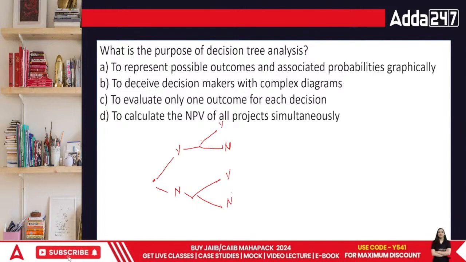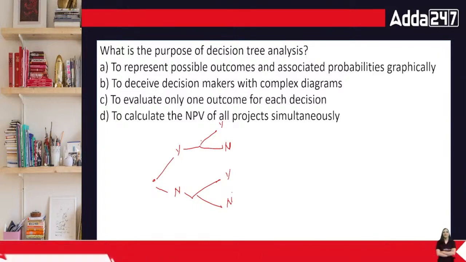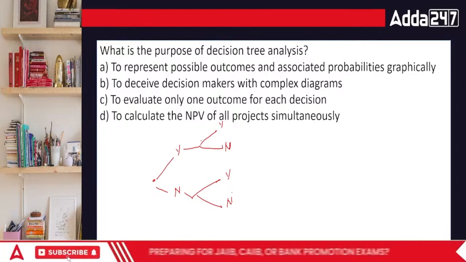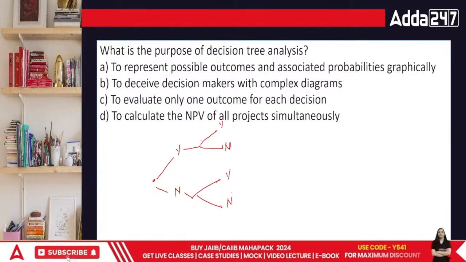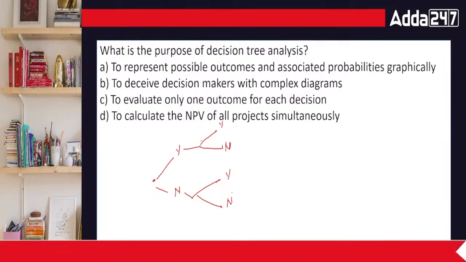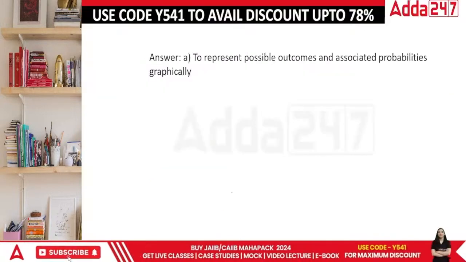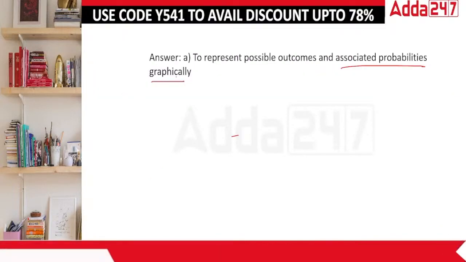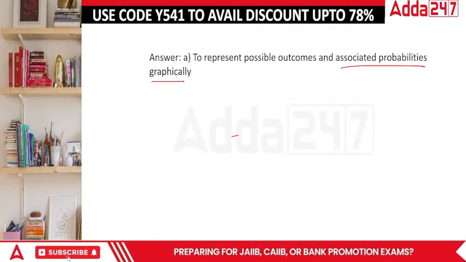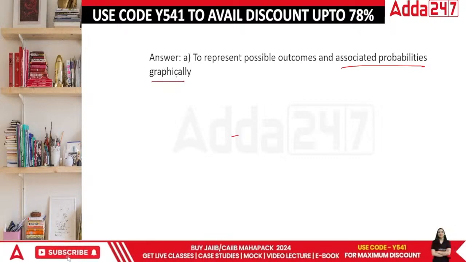What if you do it and what if you don't? In both scenarios, your work for the business will change. And if it is going to change, then decision tree analysis has to be utilized to represent possible outcomes and associate probabilities graphically. You will say 10%, 20%, 30%; it has to be stated with that particular percentage as well.